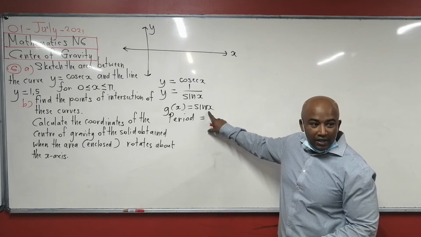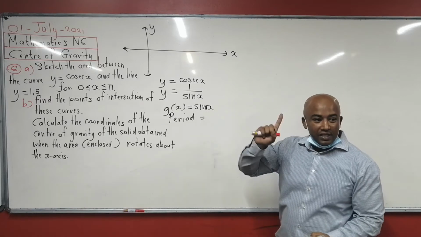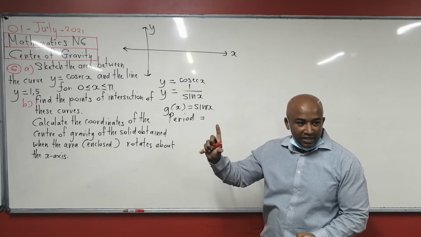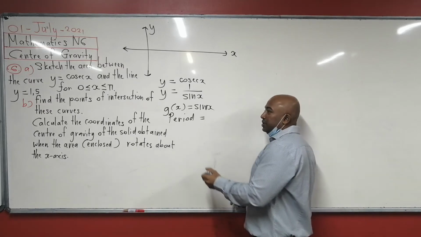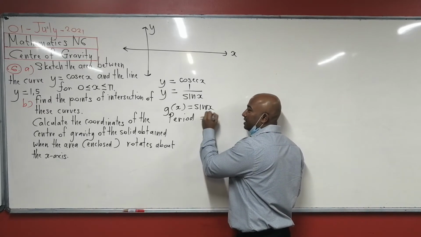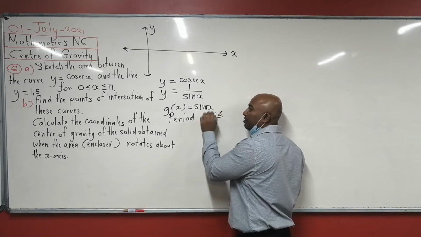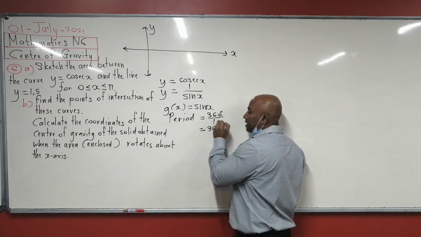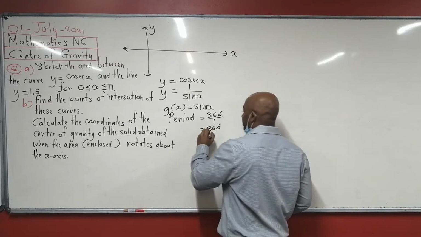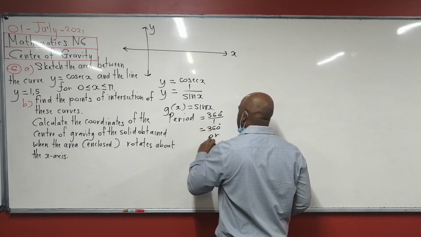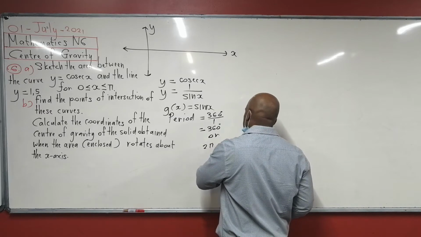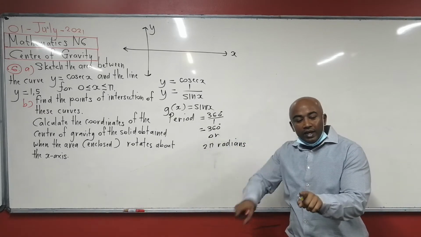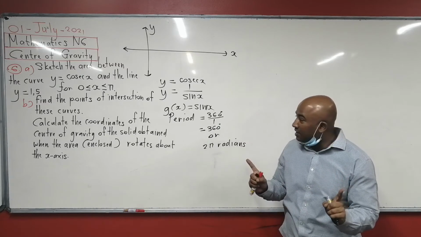If this is a 1, that means the frequency is 1, that means you will have one full graph in 360 degrees. So you always take 360 degrees and divide it by whatever you have here, and that gives you 360 degrees. This means that you will have one full cycle in 360 degrees.